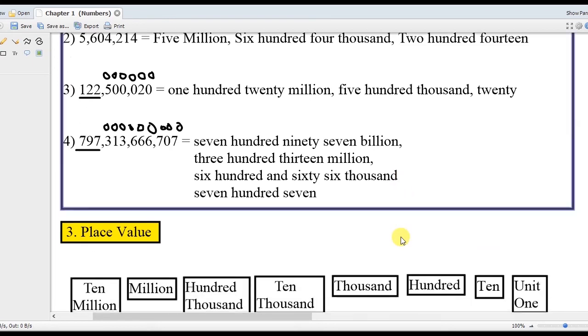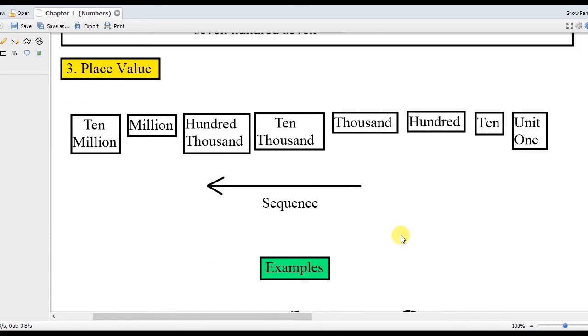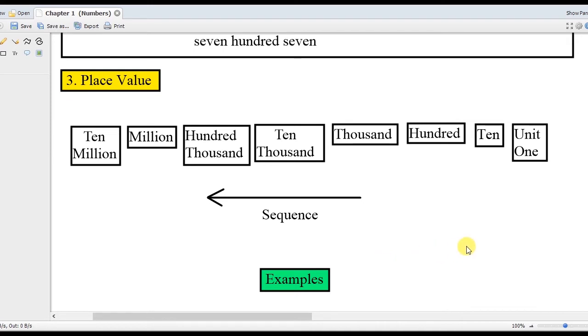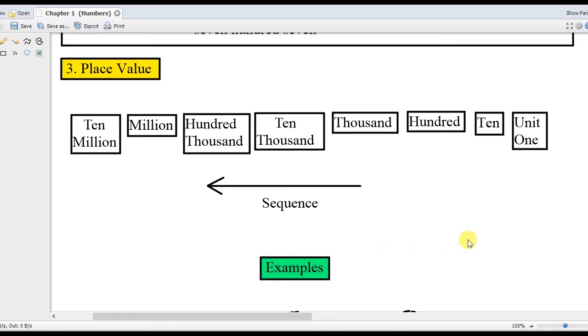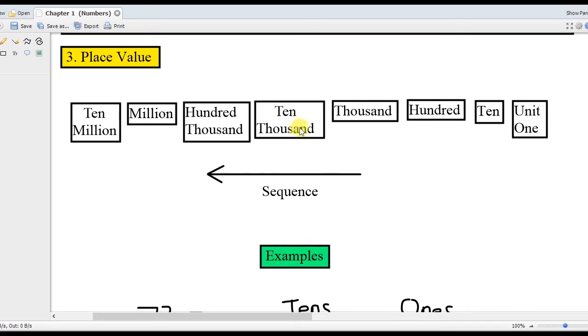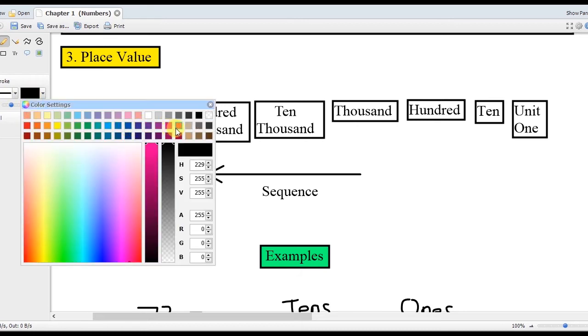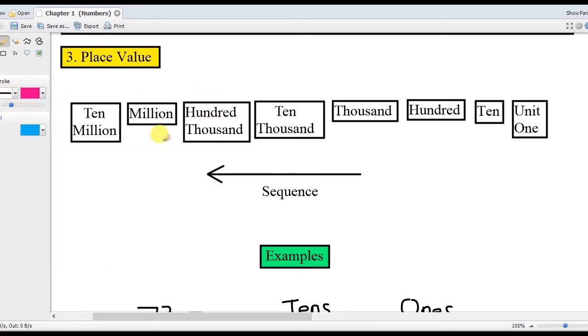Okay, moving on to our next concept, which is place value. This is a very important concept. Shall we begin? Always keep in mind, since we always write a number, let's say I write the number 530.